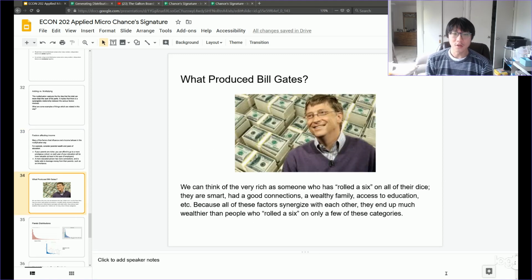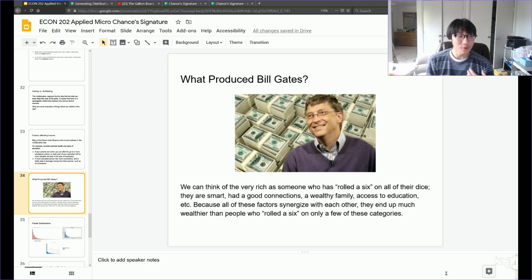So we can think about some hyper-rich individual within our society. For example, who's the richest guy in society? Right now, it's Bill Gates. So you can think of him as somebody who rolled a 6 on all of their dice, where those dice represent intelligence and connections and access to education and all of the factors that might contribute towards a person becoming more wealthy.